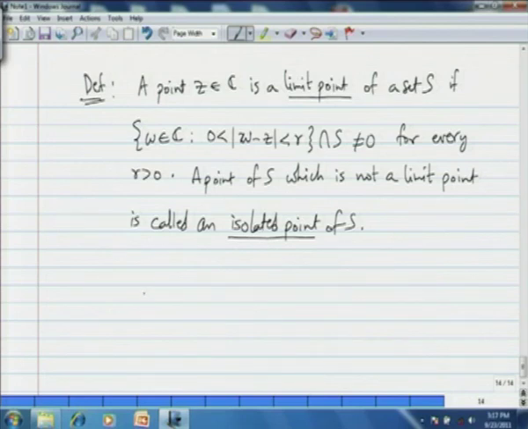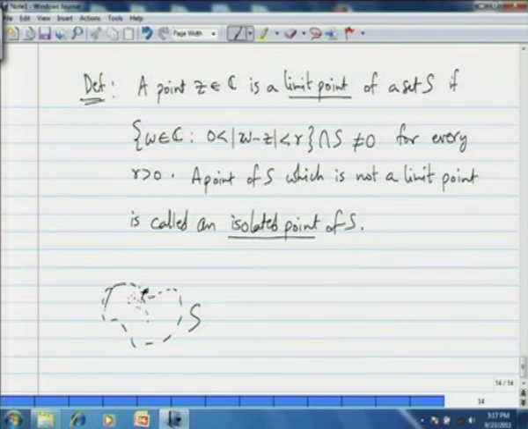This definition tells you that pictorially this is what is happening. So, here is a point and there is a set S, and then there are points which are very close.